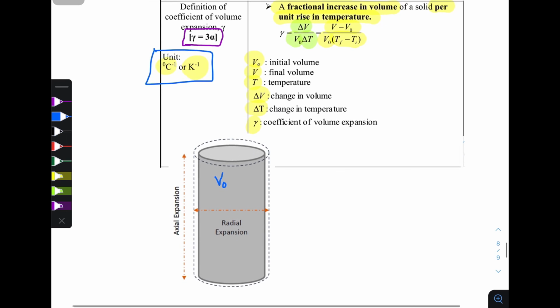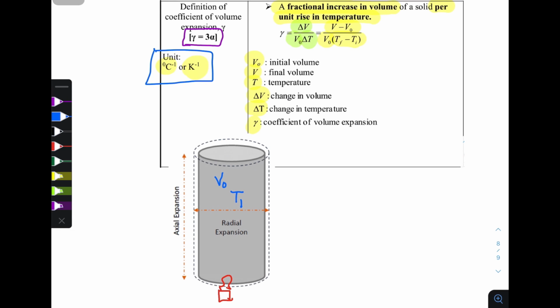I will put some heat source. Letakkanlah sumber bahan bakar di bawah ni. Bila dekat V0 ni kita boleh declare temperature-nya adalah T1. Kita kenakan bahan bakar dekat original volume. So apa yang akan berlaku after some time?